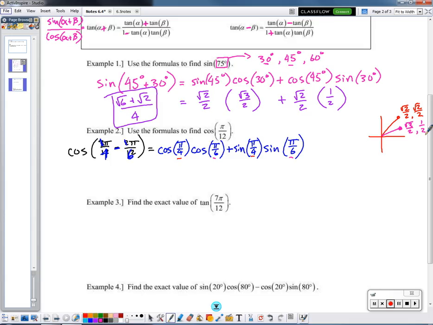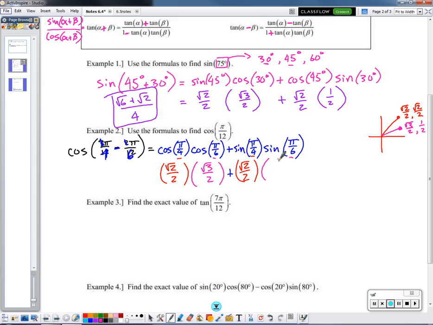And then again, just go ahead and plug in those values. Cosine would have been root 2 over 2 times the cosine, which is the x, so that would be root 3 over 2, plus here I have the sine of pi over 4, root 2 over 2, times the sine of pi over 6, which would be 1/2.